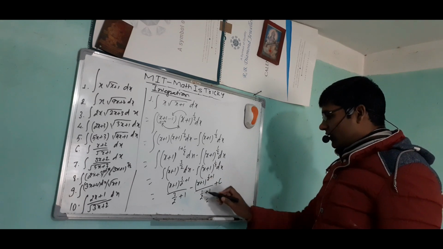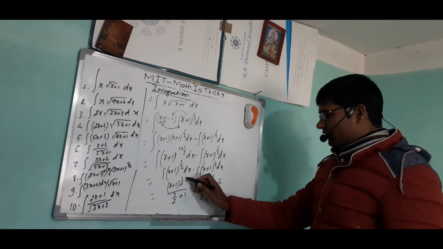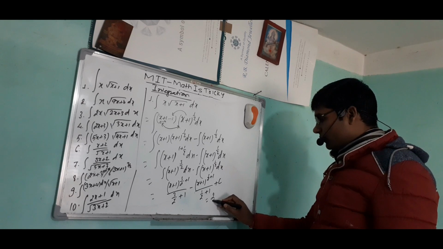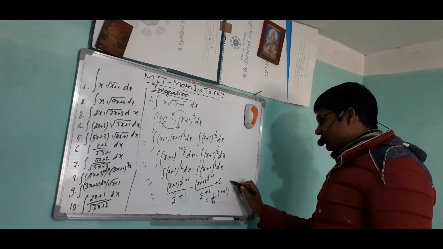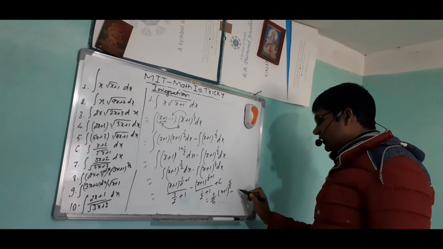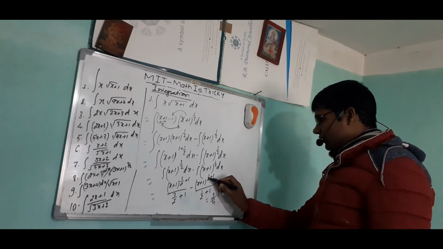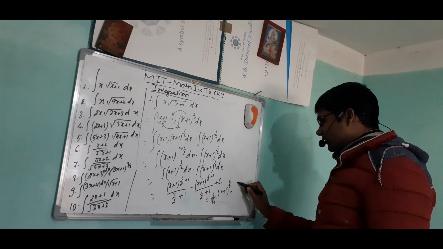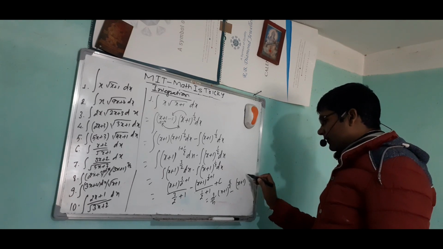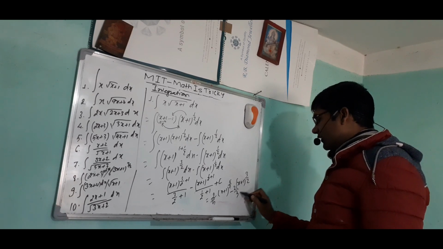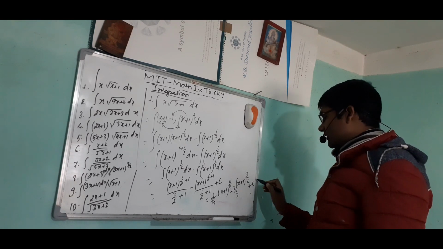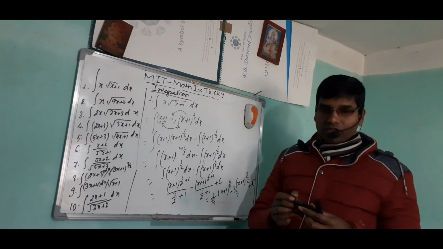So 3 by 2 plus 1 means 5 by 2, so it is 2 by 5 x plus 1 power raised to 5 by 2, minus 2 by 3 x plus 1 power 3 by 2, plus c. This is our answer.